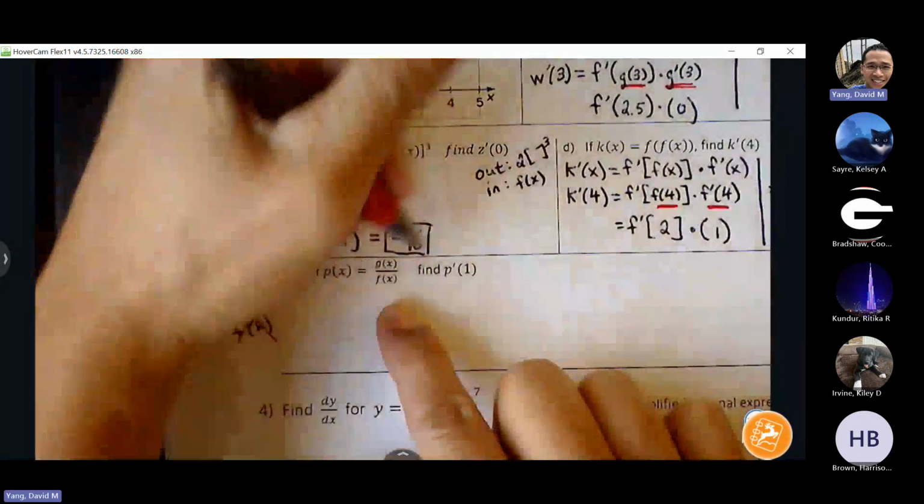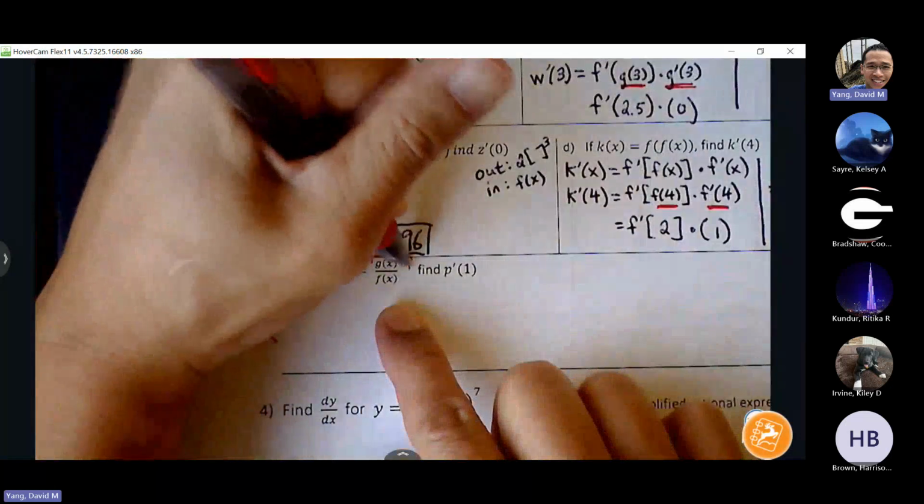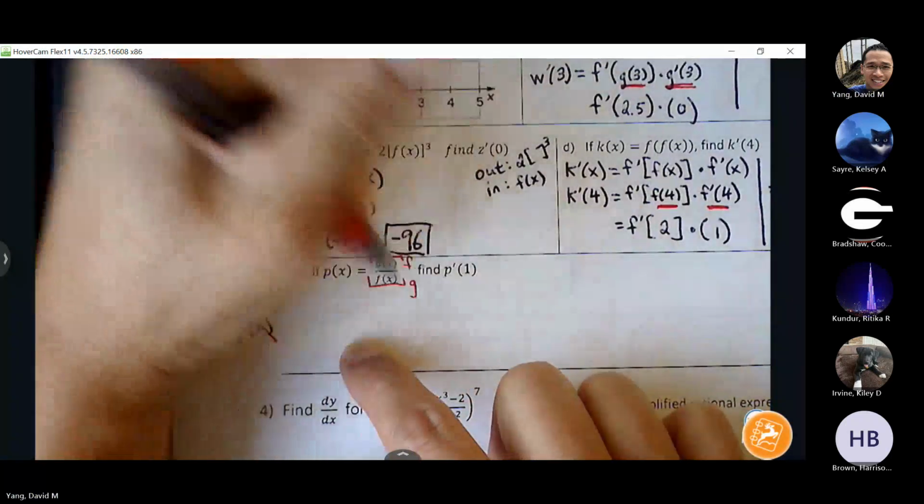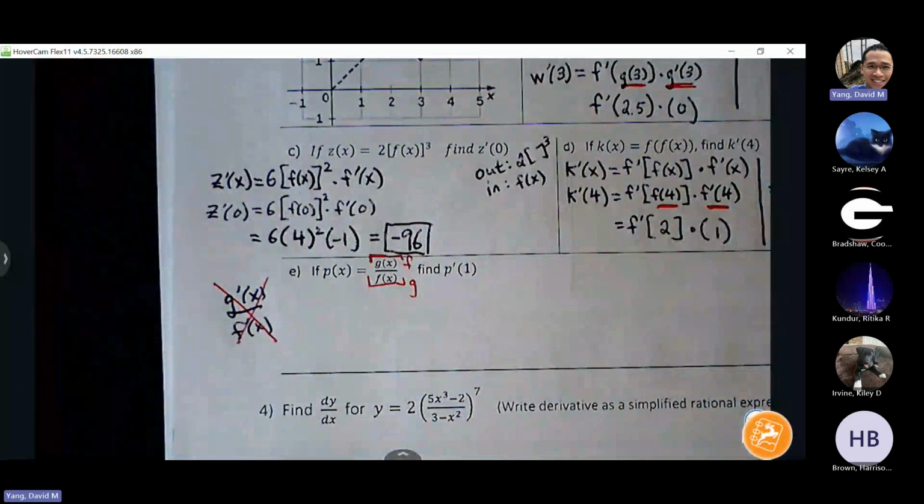So it's backwards, right? Normally we're used to the top being the f, and the bottom being the g.